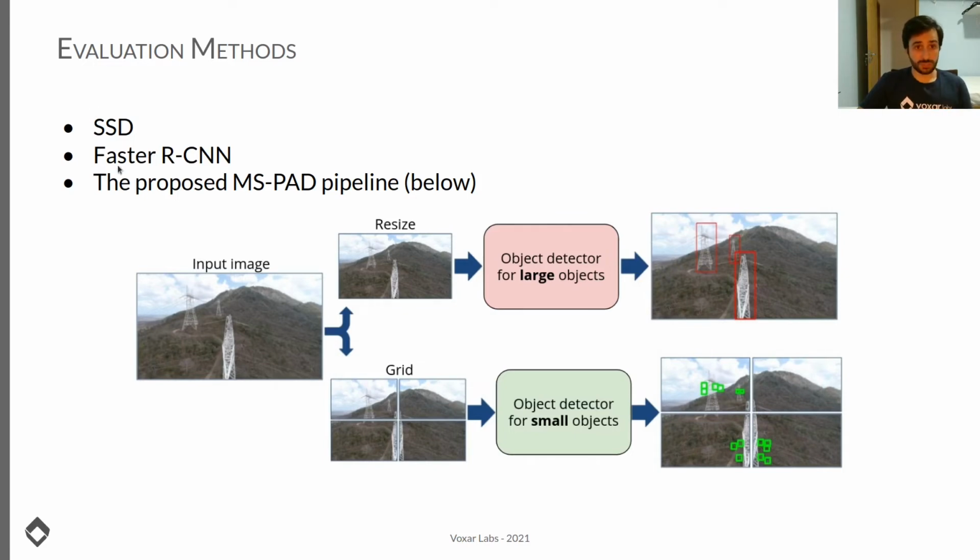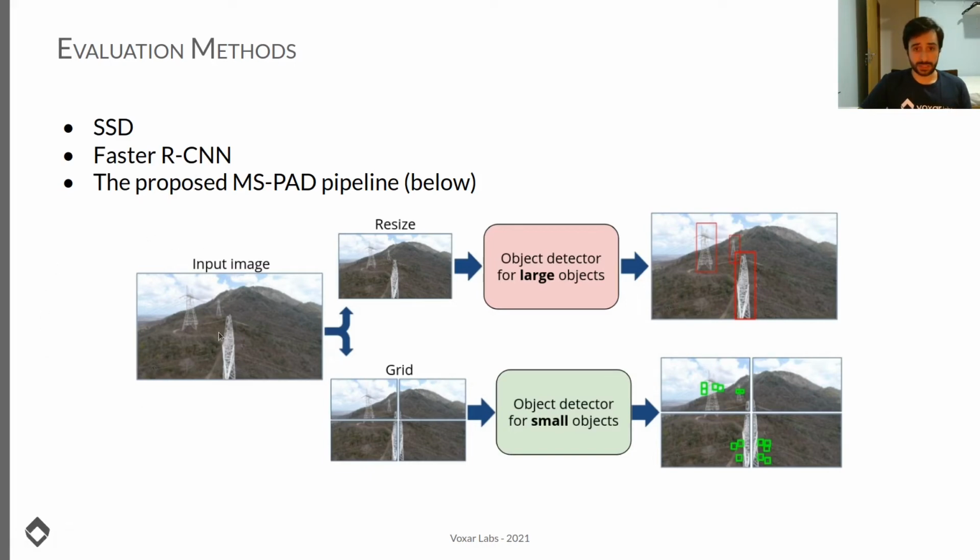So we used them to evaluate our data set, and we discovered in our evaluation that they have plenty of room for improvement. So we proposed a pipeline to improve the performance of those object detectors.